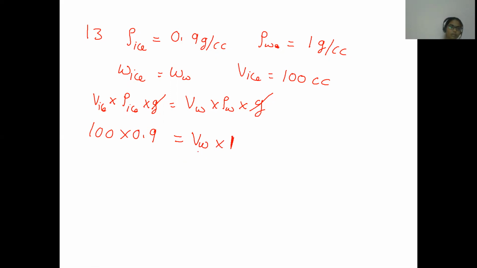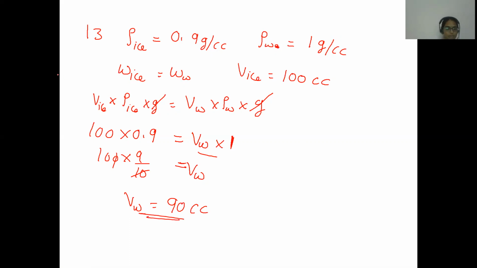So now you can see 1 into anything is that thing only. So volume in water is equal to 0.9 times 100. We can write 100 into 9 by 10, 0.9 we can write as 9 by 10. So 10 ones are 10, so the 0 gets cancelled. So 10 into 9, children, volume in water is 9 into 10, it is 90 cc. Understood? This is your answer.